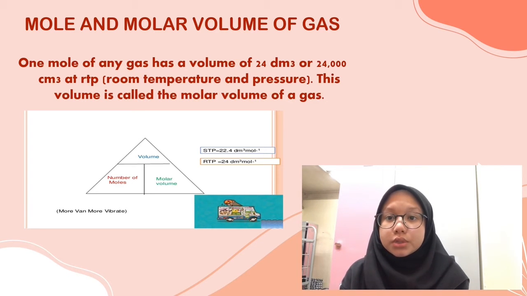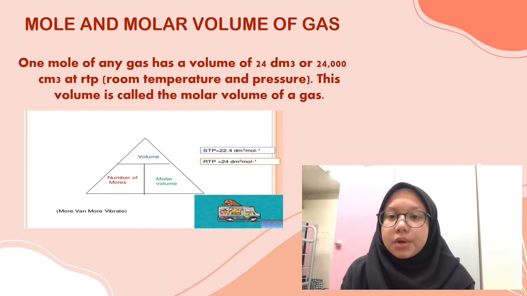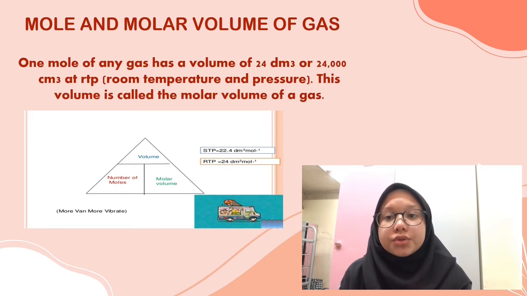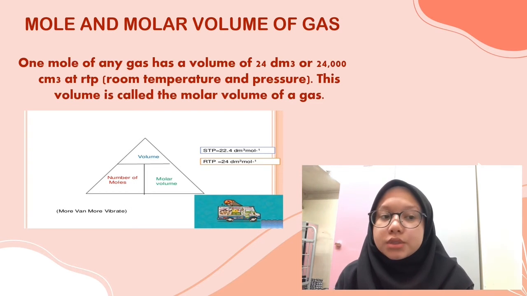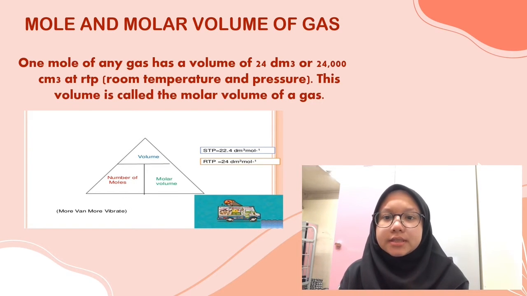The last topic is about mole and molar volume of gas. Another measurement that can be used to quantify substances in a chemical reaction is volume. When a reactant is a gas, the relationship between mole and volume is used.